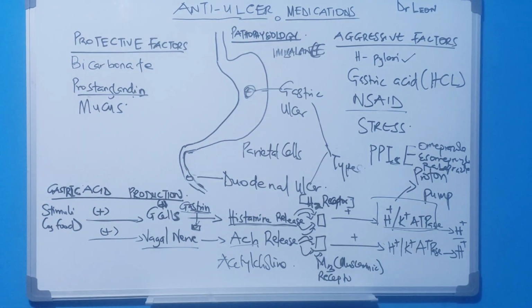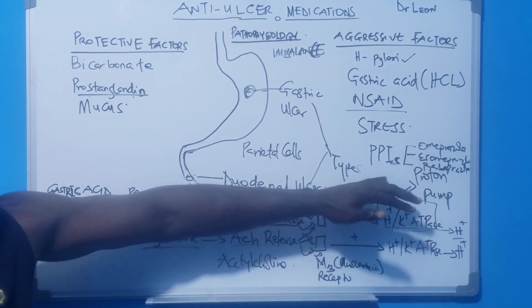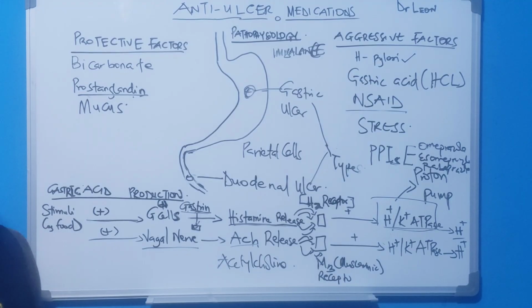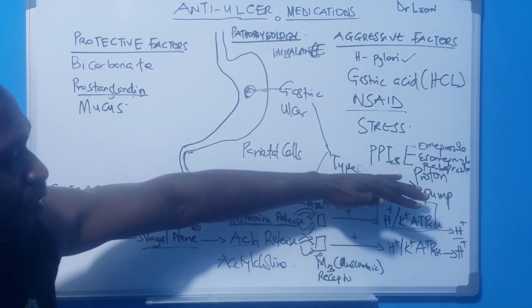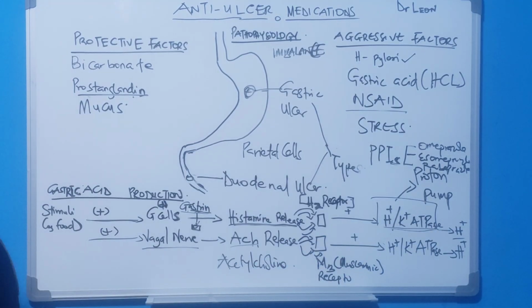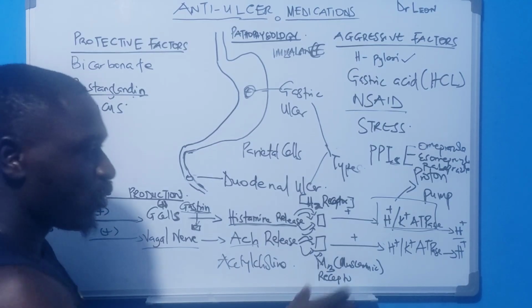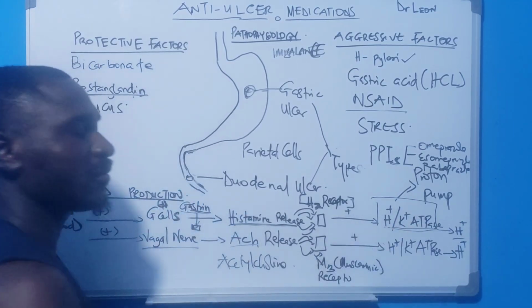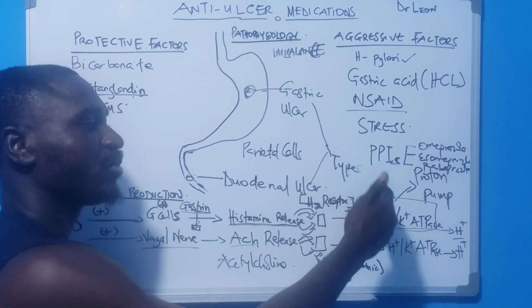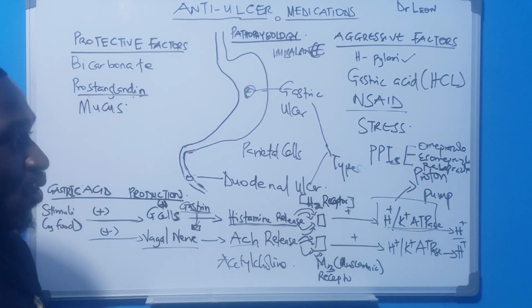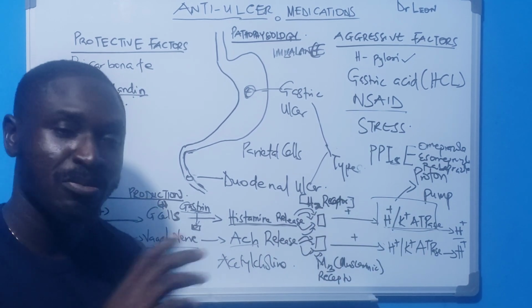So we are moving to the classes of anti-ulcer drugs that we can talk about. One is the proton pump inhibitors. And what they basically do is block this enzyme, the hydrogen potassium ATPase, or simply the proton pump.